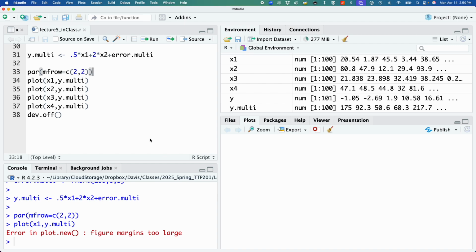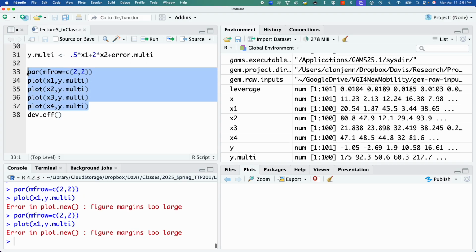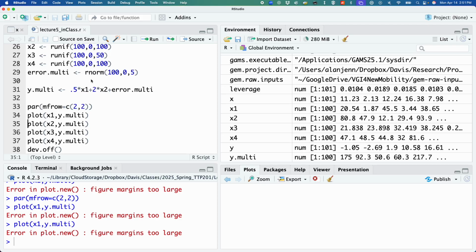Is this a view thing? If I do this, does that do anything? If you just try to plot x1, does that pop up anything?